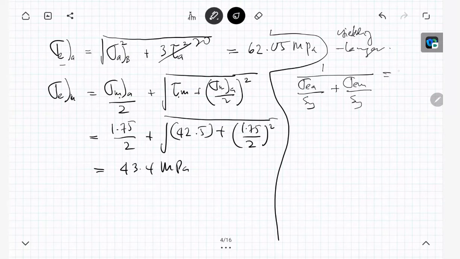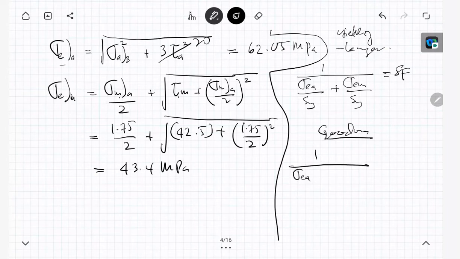This is the safety factor. For the fatigue, Goodman: 1 over n equals sigma e a over Sn plus sigma e m divided by ultimate strength.